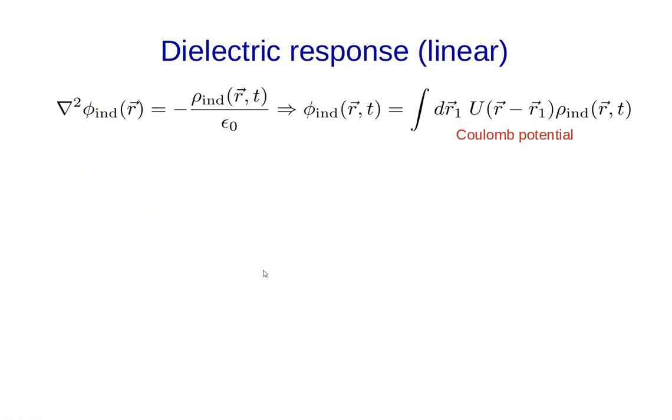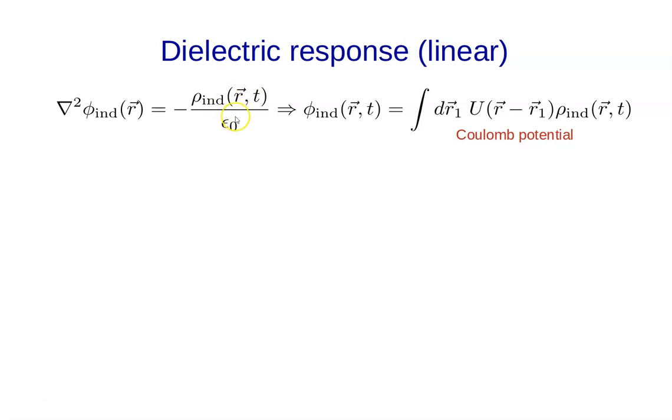So the first step is to remember that we can write Poisson's equation, given the induced charge distribution, to obtain the induced potential. This should all be linear here, so we can in principle integrate that by using yet another Green's function, the Green's function for the case where the source is a delta function, and we know how to solve that.